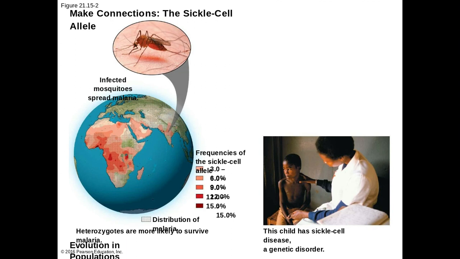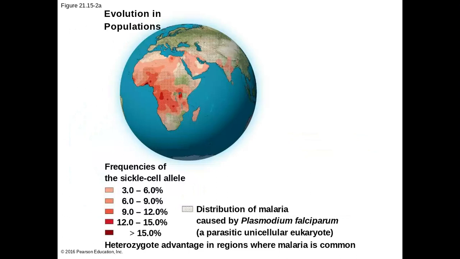They have one allele that gives them the sickle cells that confer malaria resistance, but they also have the normal allele that will give them some normal blood cells that help prevent them from dying from sickle cell. So you can see that heterozygote advantage is favoring two different alleles.